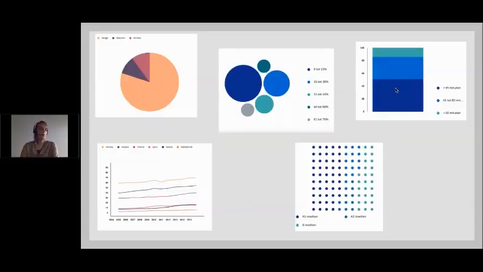So what's also important is to choose the right graph. I have some of the graphs that you could use shown here in this picture. You see a pie chart. Next to it, you see the bubble graph, where the bigger the variable, the bigger the bubble. You see a stacked bar chart. On the upper right corner, you see a line graph, and you see a small multiples graph on the bottom right side.